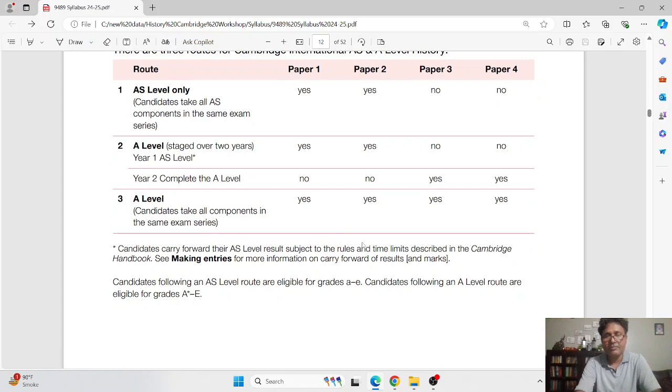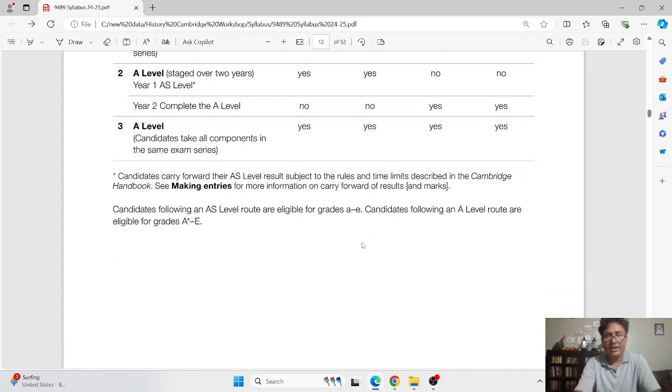Now, the most important point that the candidate must remember here is about the grades.